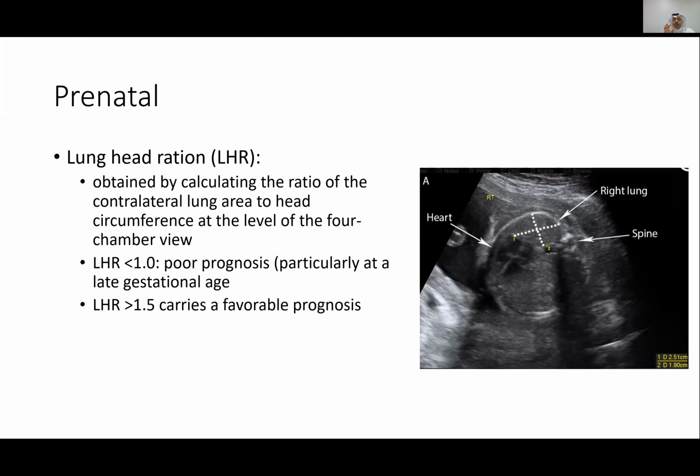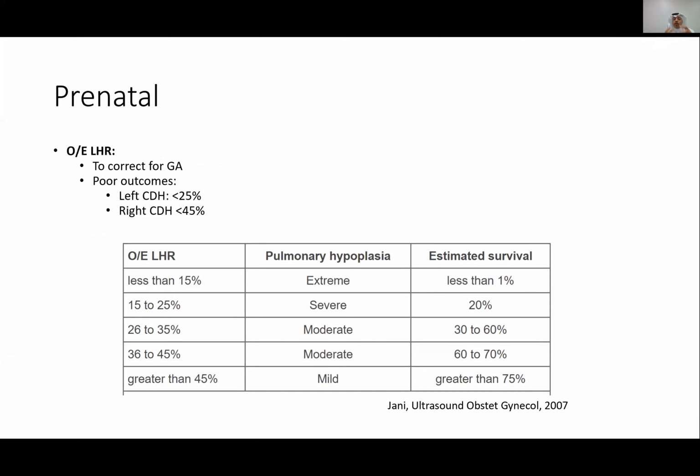However, the problem with the LHR is that the number is not controlled for gestational age. If you want to control for gestational age, then you use the observed over expected LHR. To make it easy for you, in left CDH, an observed over expected LHR of less than 25% is bad.